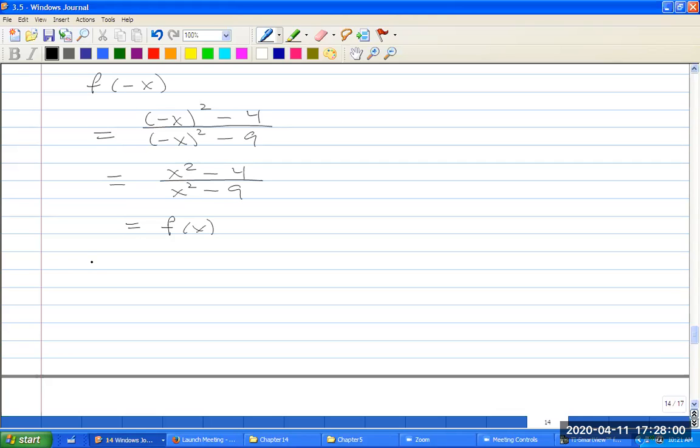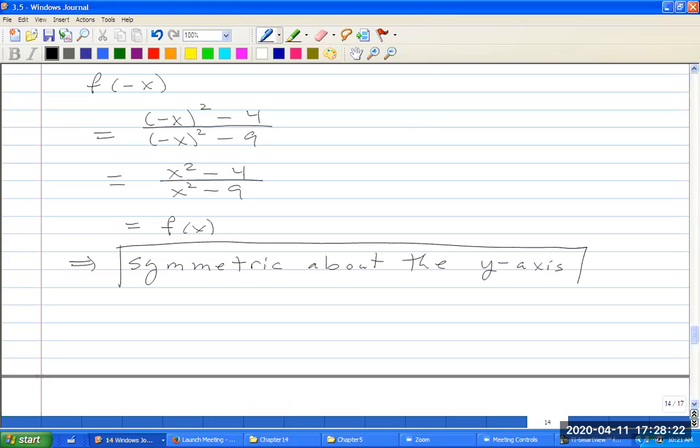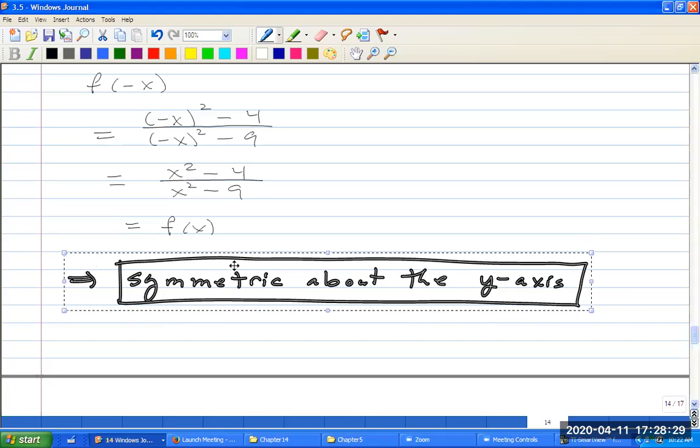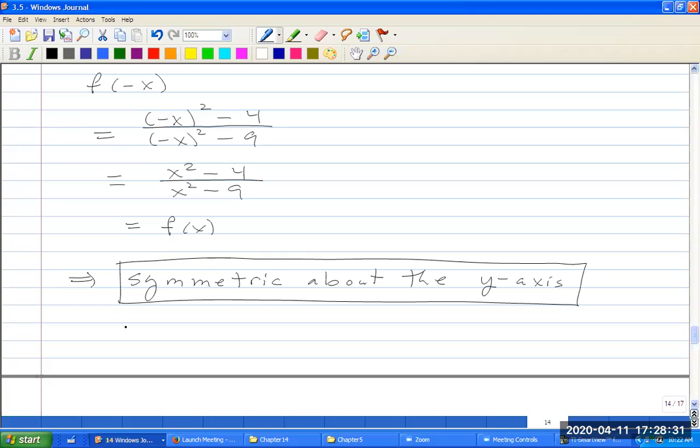And so this says that it's symmetric about the y-axis. It is an even function.